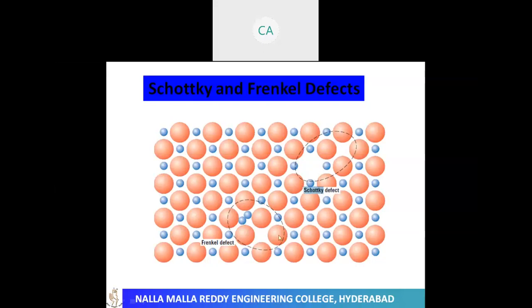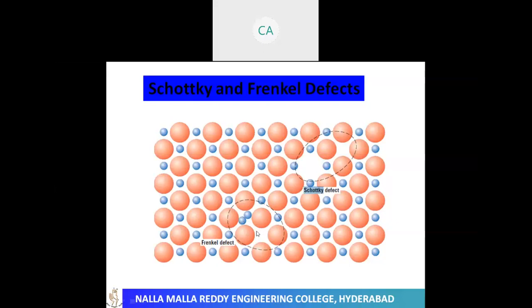Now, another type of defect in the ionic compound is the Frenkel defect. In Frenkel defect, what happens actually is a cation, that is the smaller ion, leaves its original site and enters into the interstitial site.